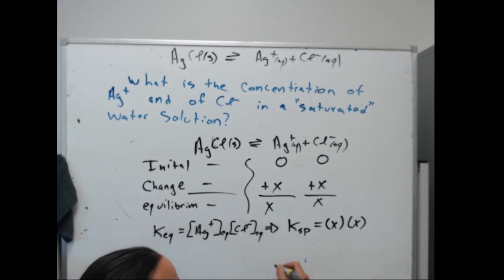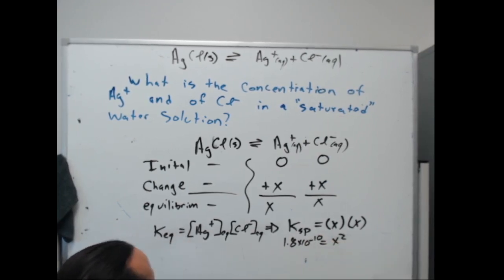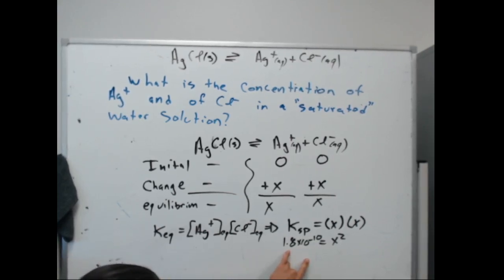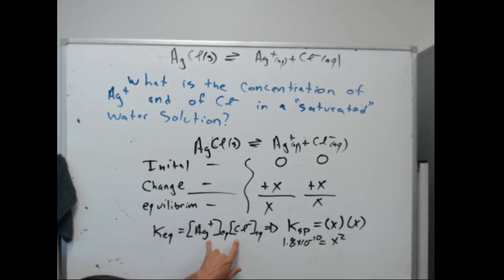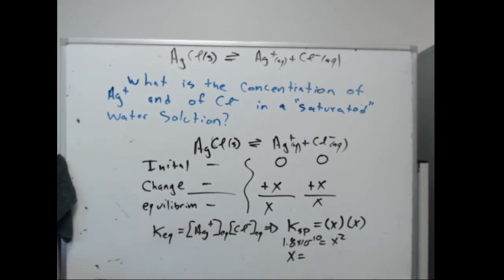And I can plug in the number for KSP, which is 1.8 times 10 to the minus 10, equal to x squared. This is the equilibrium expression. That is the equilibrium value. Right? The specific number for it versus the conceptual how we write it in terms of concentrations. I can then solve for my x here, taking the square root.